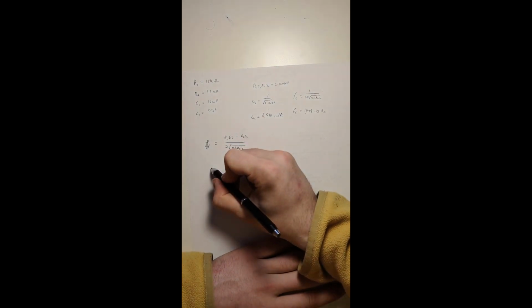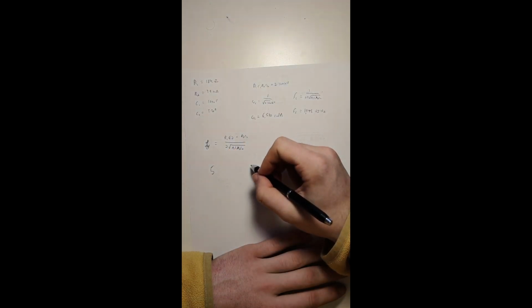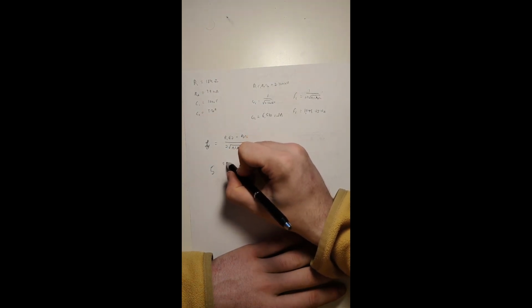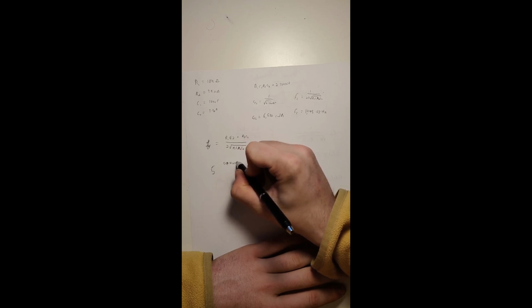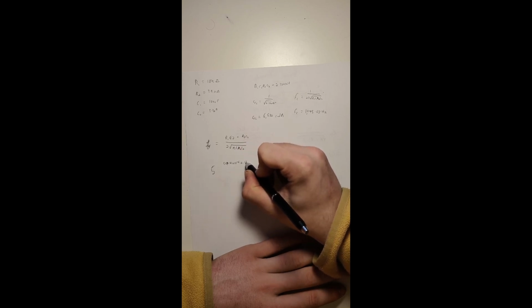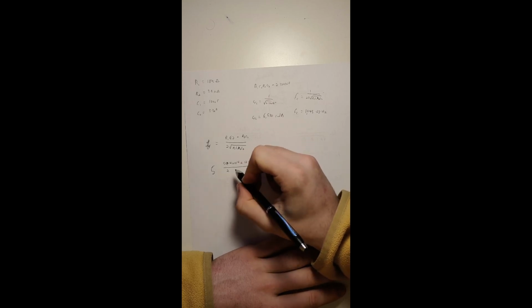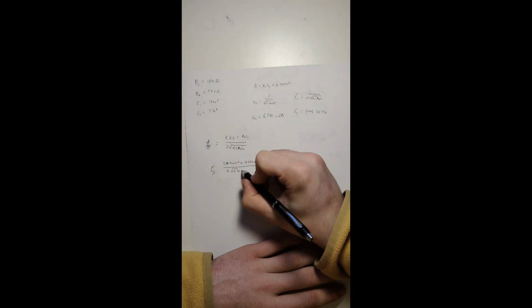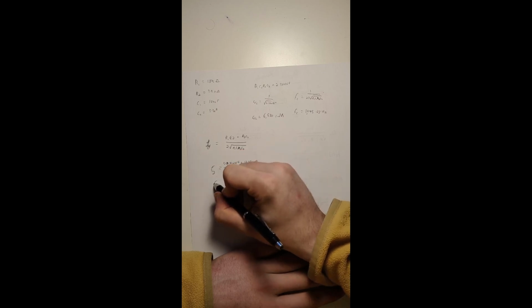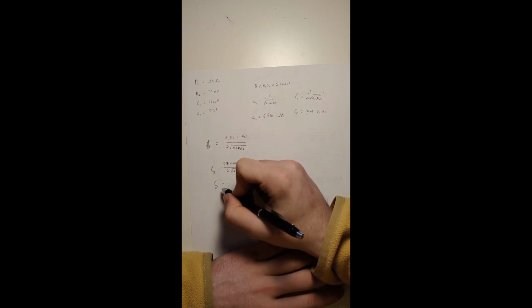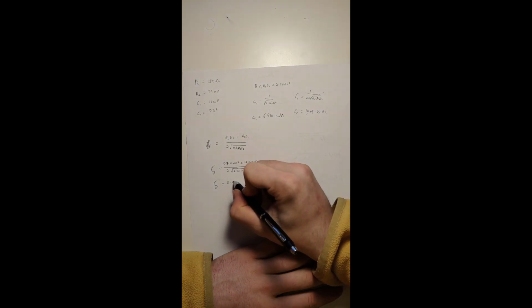So if we find out these values, then we have 59.4 by 10 to the minus 6 plus 12.87 by 10 to the minus 6 over 2 root 2.32 by 10 to the minus 8. So then zeta is going to be equal to 0.237.